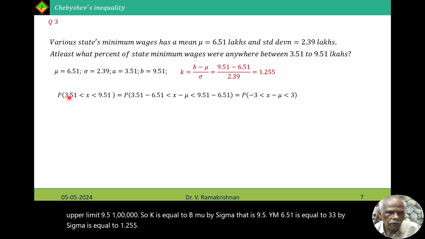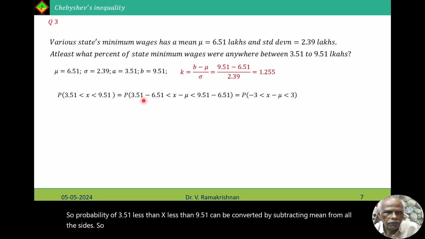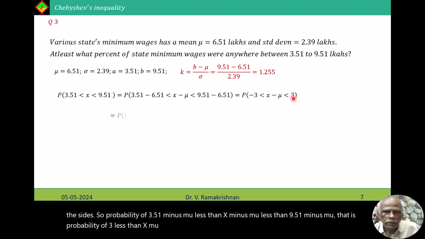So the probability of 3.51 less than x less than 9.51 can be converted by subtracting the mean from all the sides. So probability of 3.51 minus mu less than x minus mu less than 9.51 minus mu, that is probability of minus 3 less than x minus mu less than 3, that is 1.255 times standard deviation.